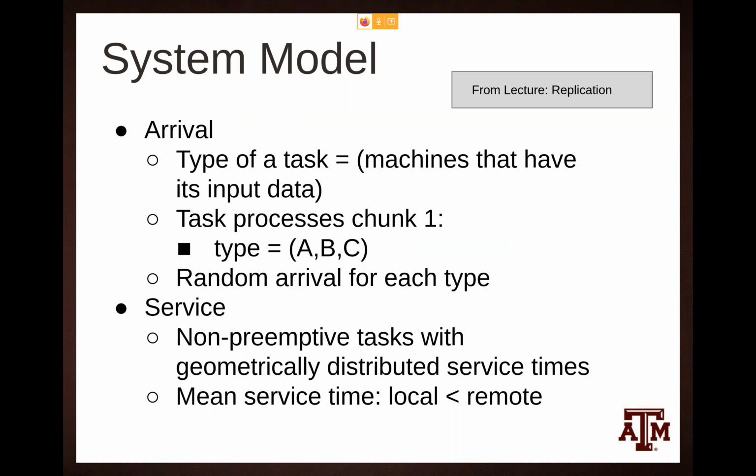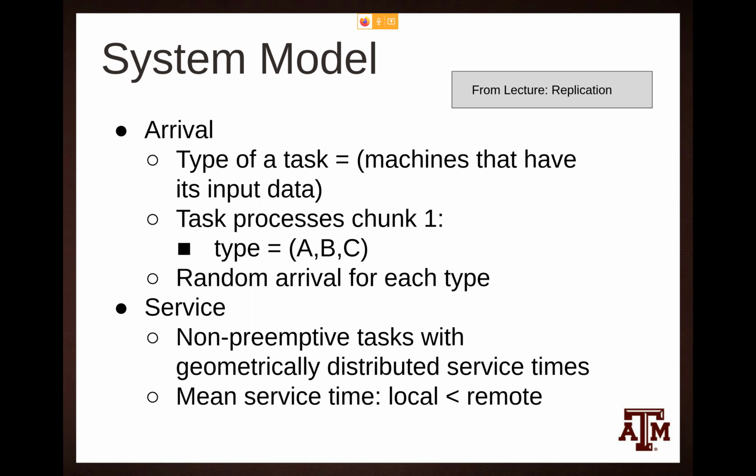For our system model, the paper assumed that there is a random number of map tasks. Tasks can be classified into types. We also assume that each data chunk is replicated and placed at 3 different machines, here A, B, C. So each task is associated with 3 local machines.